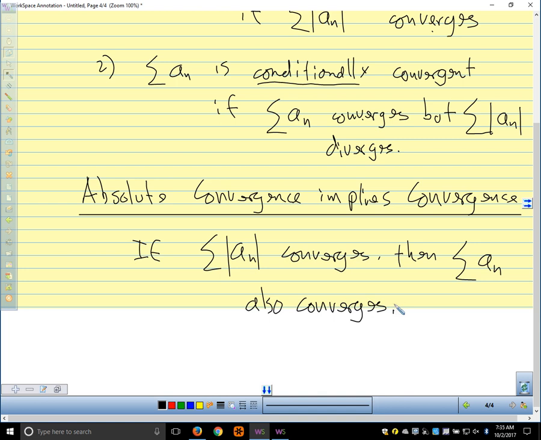If you think of it intuitively, if our signs are changing, positive and negative, the sum is going to be less than if we keep all of our terms positive. So we get a direct comparison happening there. There are a few more steps than that, but that's the gist of it.